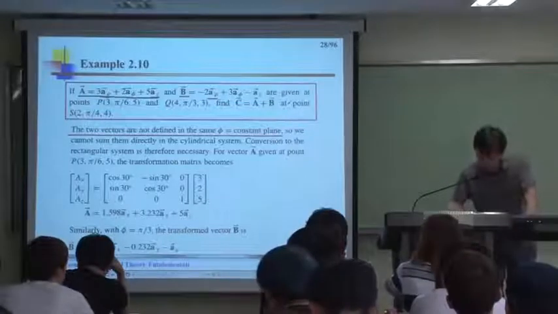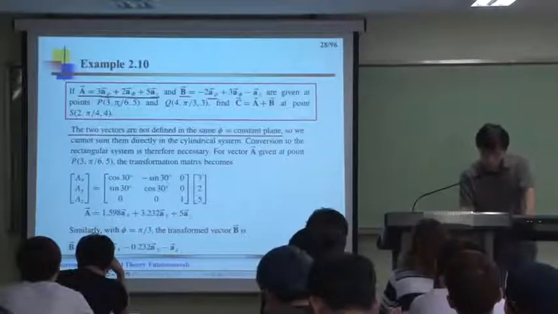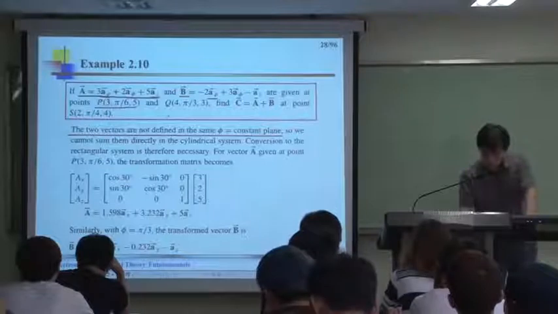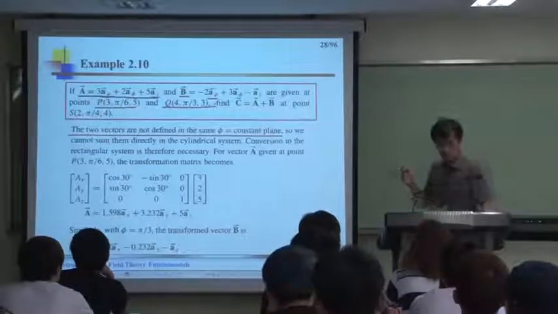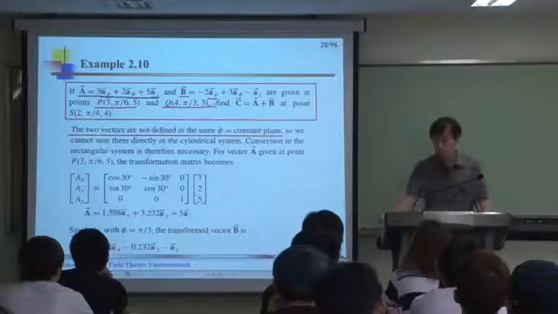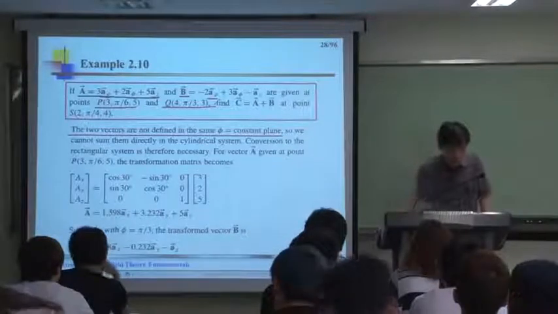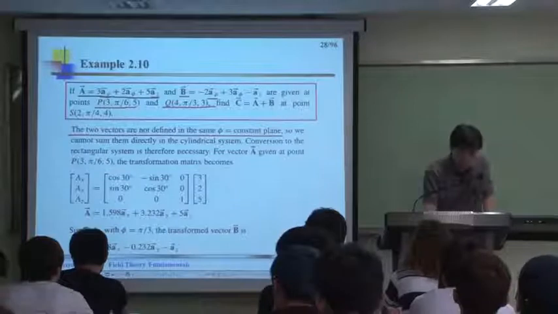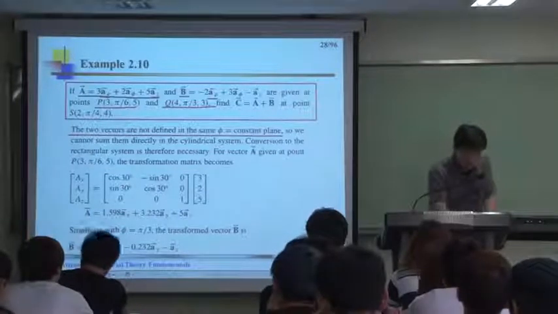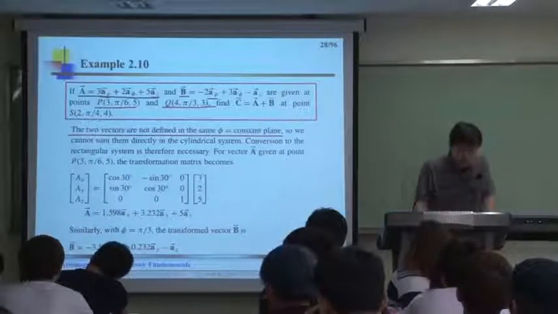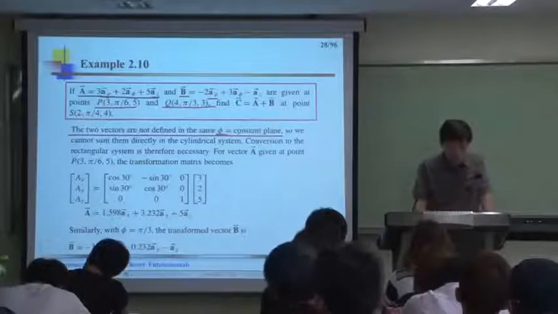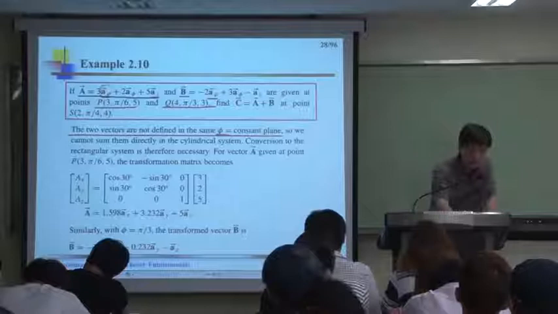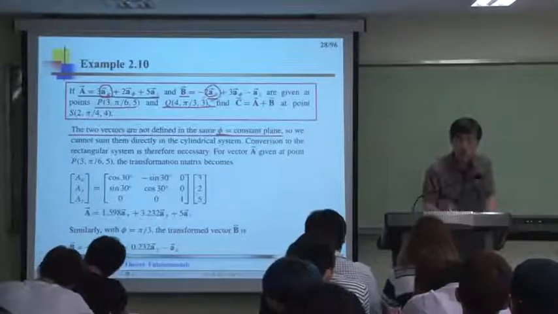In this case, given at the point P, I think we already studied this example last time. So we already have done it. As I mentioned, these two vectors are not at the same phi. So that's why this A rho and this A rho are different.